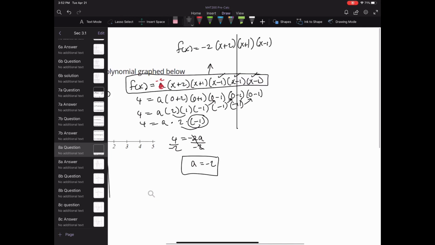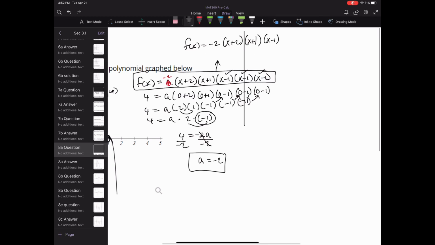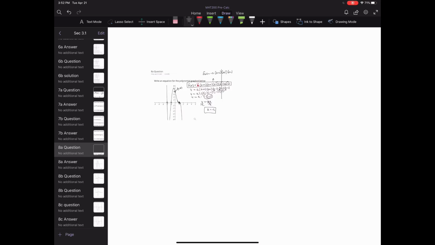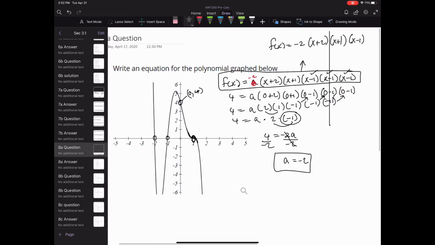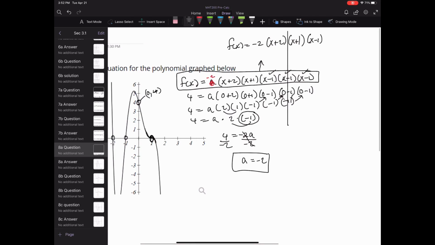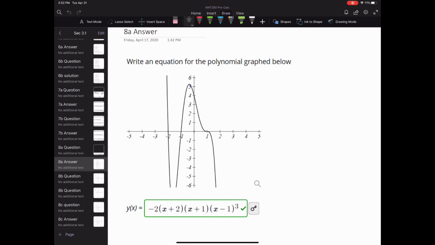For some reason, it's not letting me write that little 3 there. It's letting me write it there, but not here. Oh, that's interesting. My tablet isn't working in that section. All right, whatever. Here's the answer. And you can see it's identical.